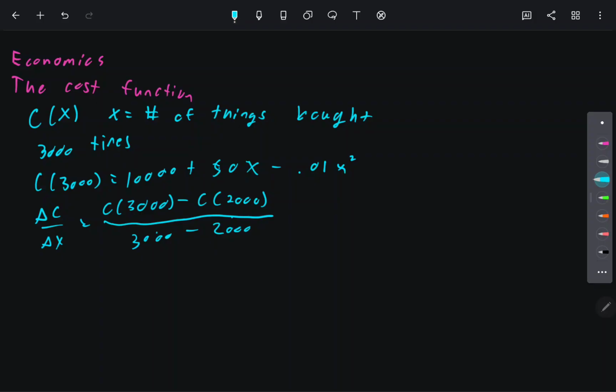And what this marginal cost does is it allows us to tell you how much the price is going to increase if, let's say, I'm going to buy 2,100 tires.